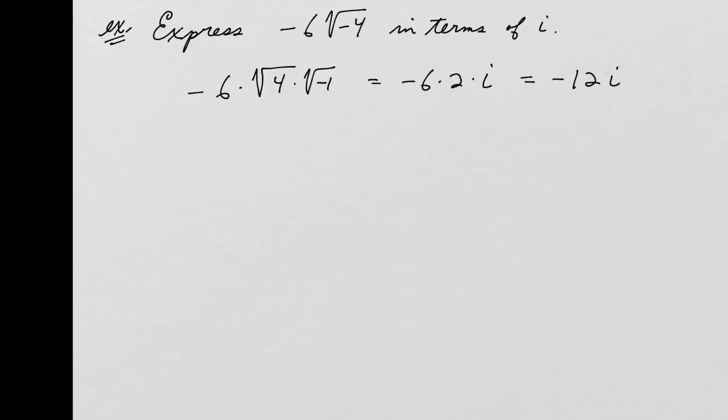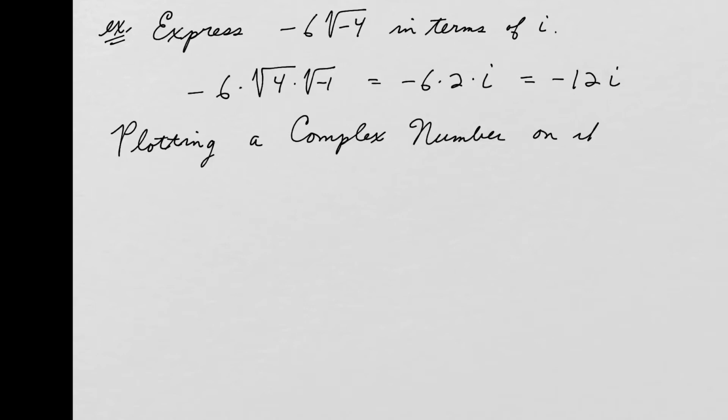Okay, how do we plot a complex number? Turns out you can plot it on what's called the complex plane, which is nothing more than a usual Cartesian plane, except instead of the y-axis, think of it as the iy axis. So plotting a complex number on the complex plane.